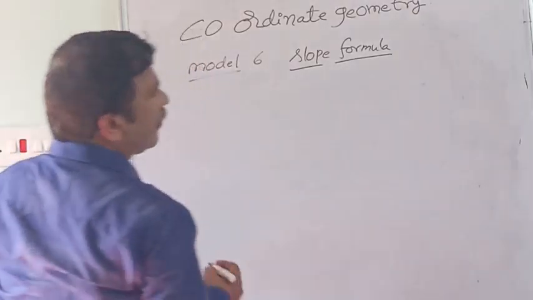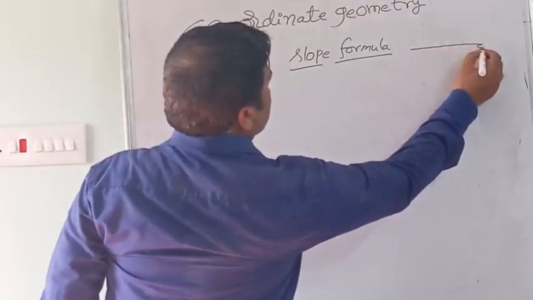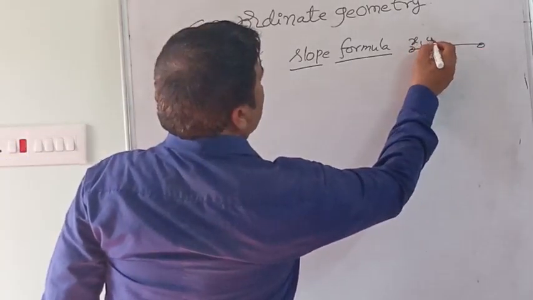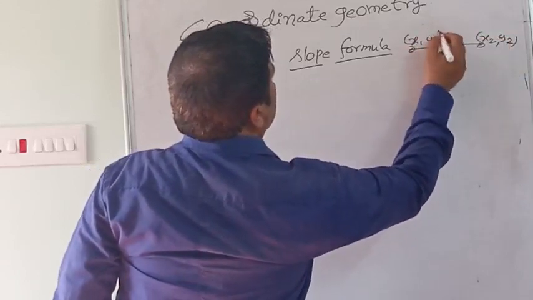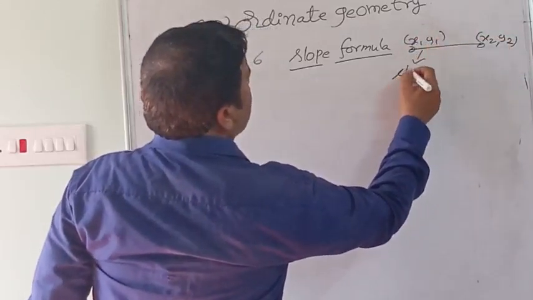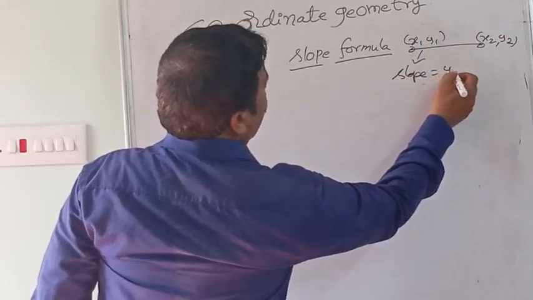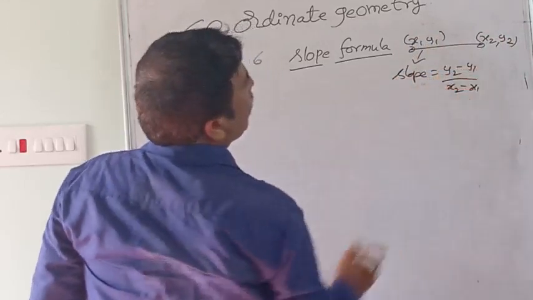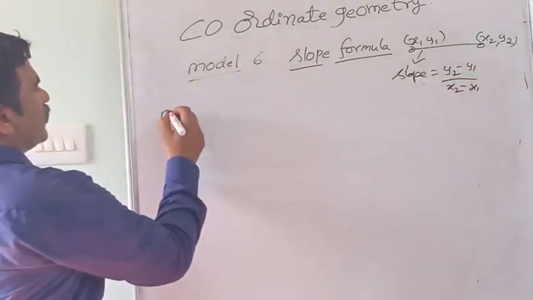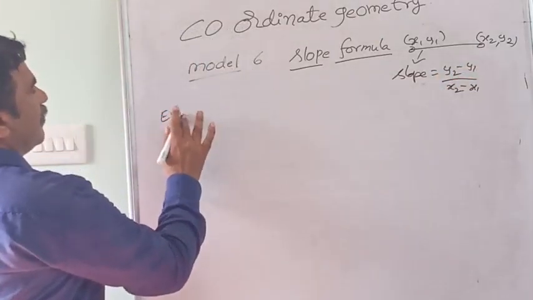Okay. Now model 6. Based on slope formula, if 2 points are given, x1, y1, x2, y2, then its slope is y2 minus y1 by x2 minus x1. Very simple formula. Based on this, 2 types of problems will come.